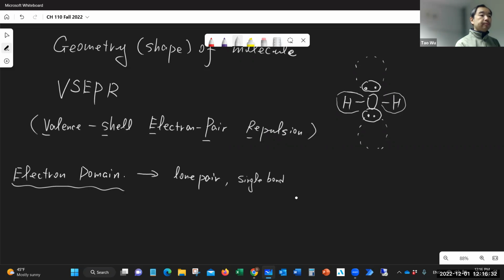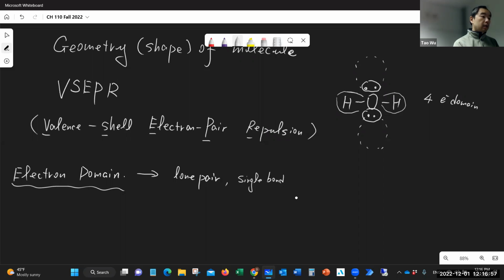So the central oxygen has 4 electron domains in total. It makes sense, right? Based on 4 electron domains, it should form the tetrahedral shape.